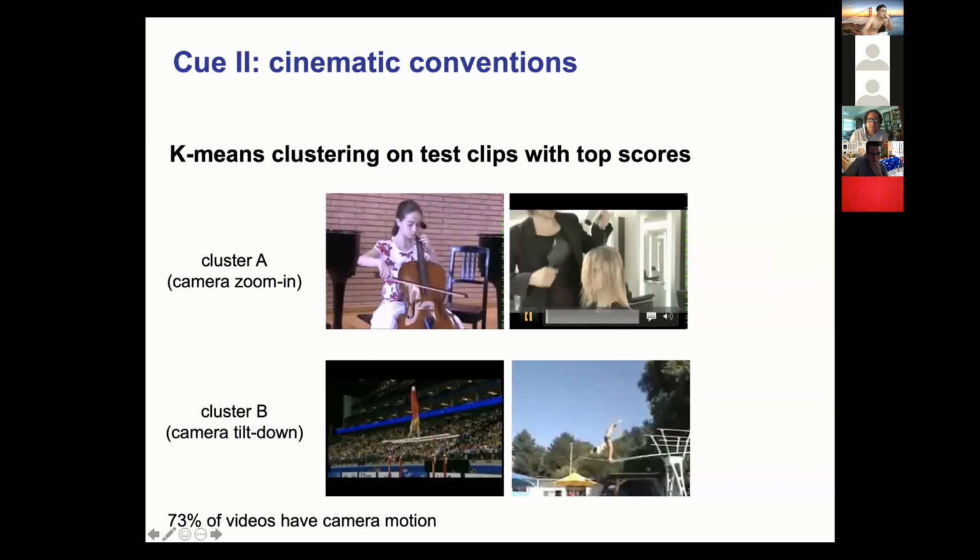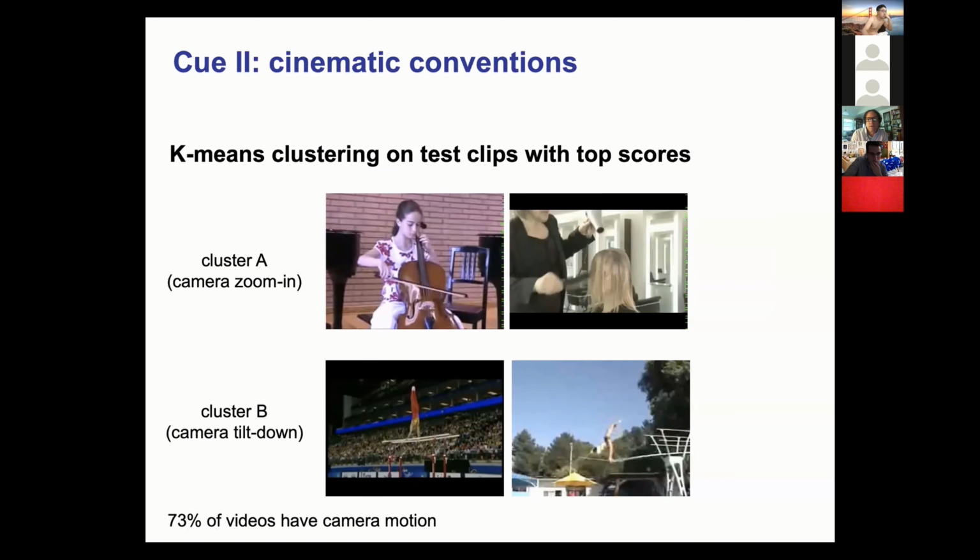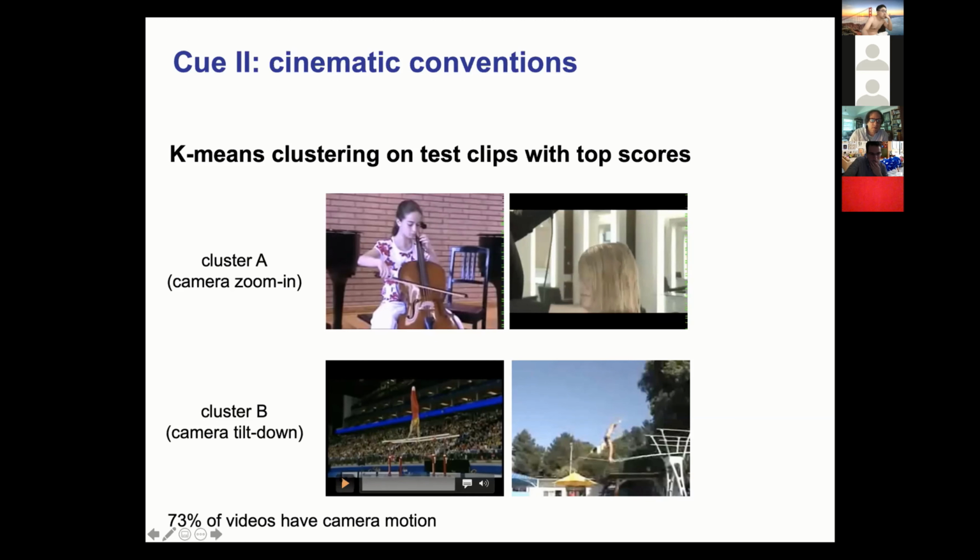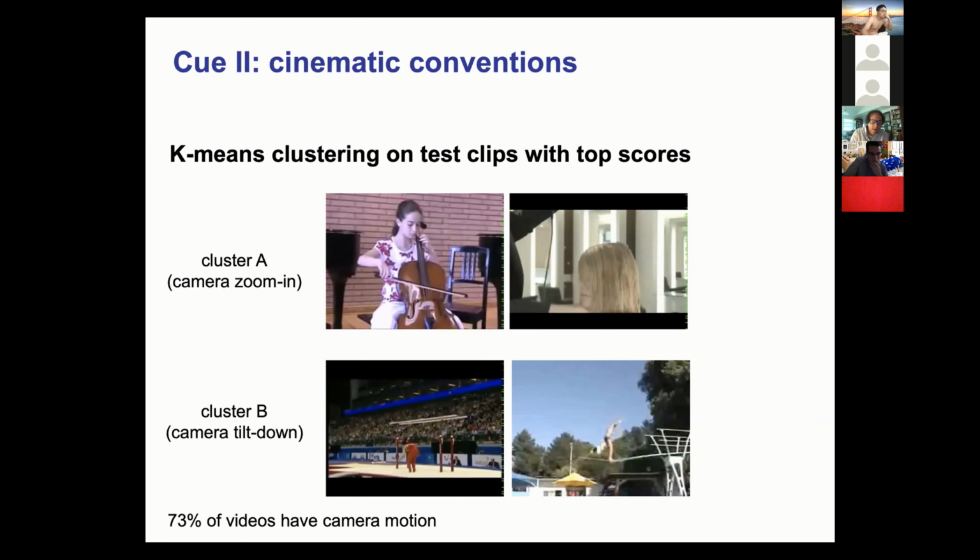Here's another one. So all the network has to do for these cases is to just develop a zoom detector and assume that if you zoom, you're going forwards. Also, there's another convention of taking a subject and then following it down to the ground. That often happens. And so this camera motion is also very typical, and again provided cues as to what the direction of time is.